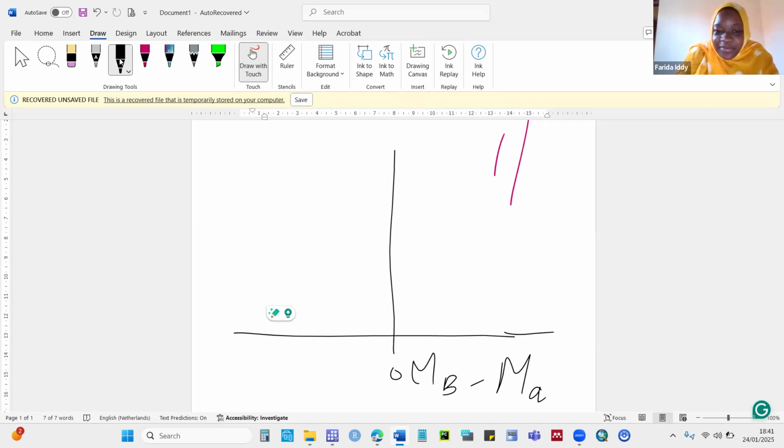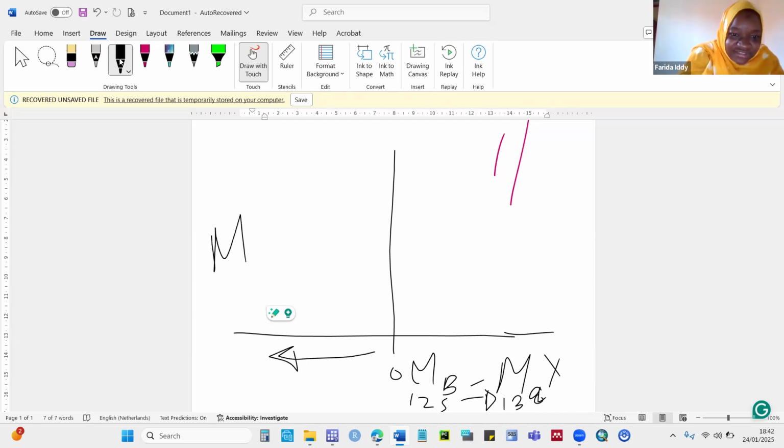But if our aim is increasing, say this before is 125 and this is 130, then the alternative hypothesis will be on this side. That means before minus after will be negative.